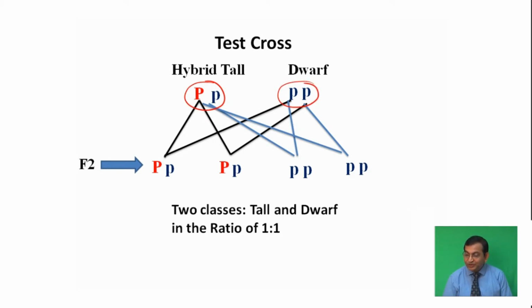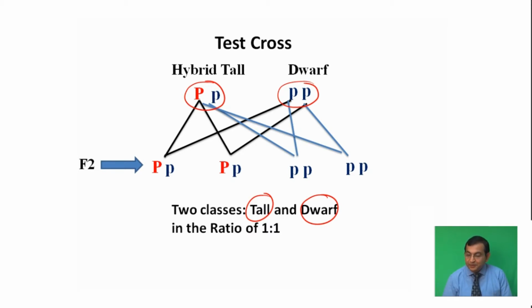In the next generation, he obtained two classes, tall and dwarf, in the ratio of 1:1. So this test cross further proves that alleles segregate and each allele maintains its own identity. So the law of segregation has become a universally accepted law.